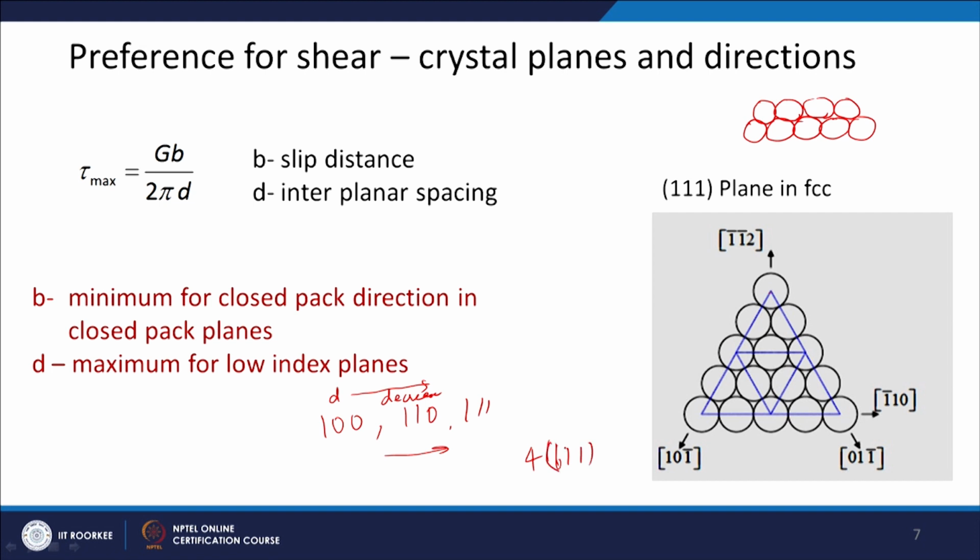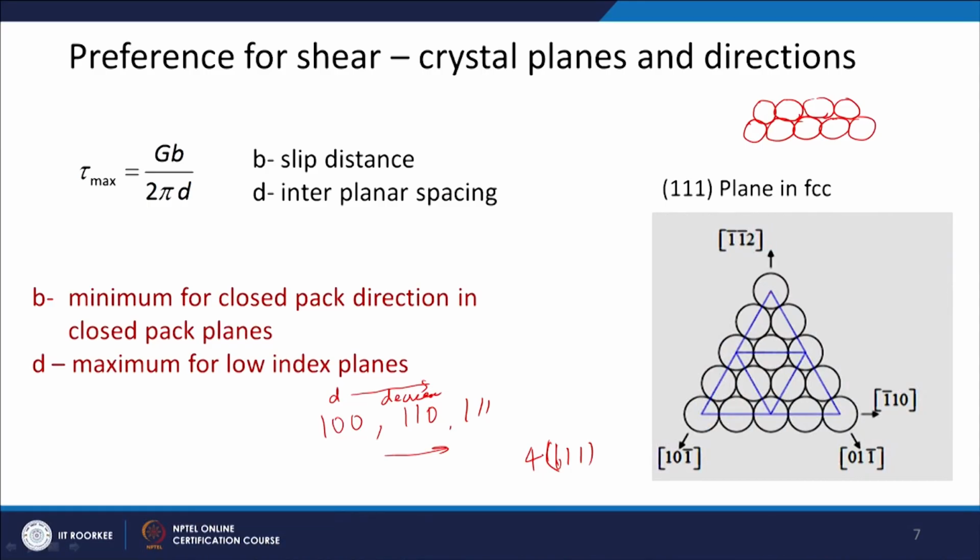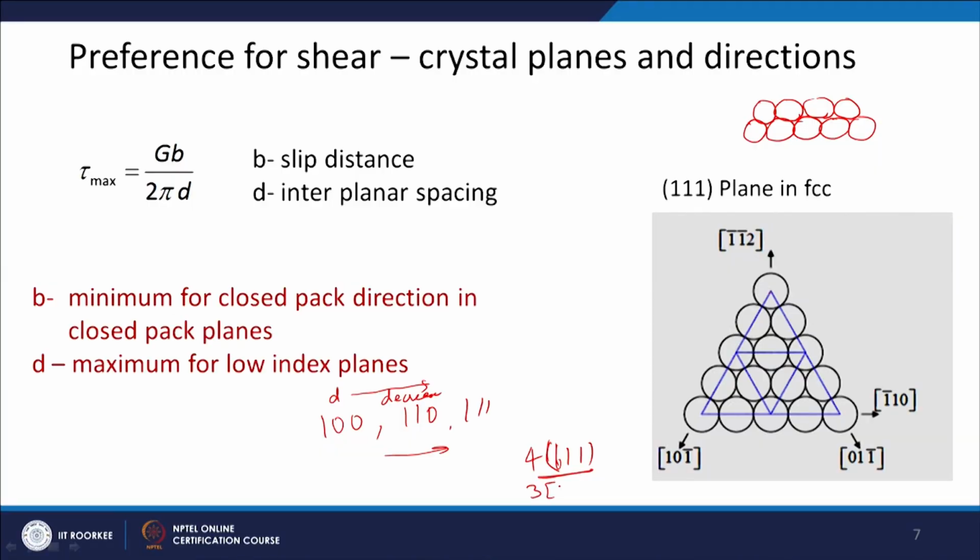When we were discussing indexing of planes and directions, we discussed that you will get 4 of these 111 planes, and in each 111 plane you will have 3 110 type of directions. So, in combination, if you look at the slip systems, there will be 12 slip systems.